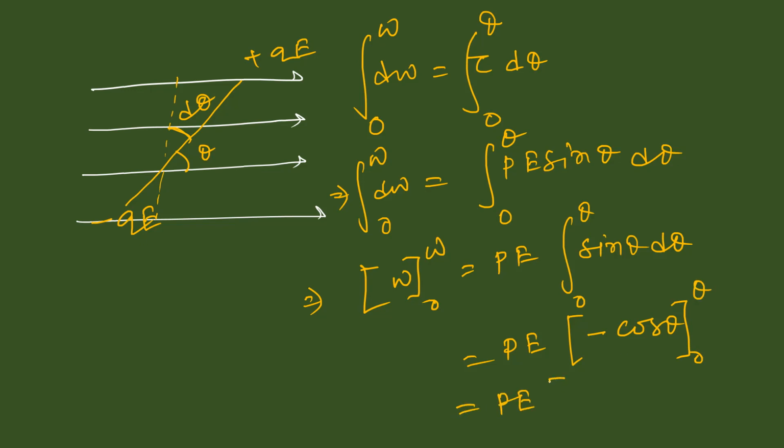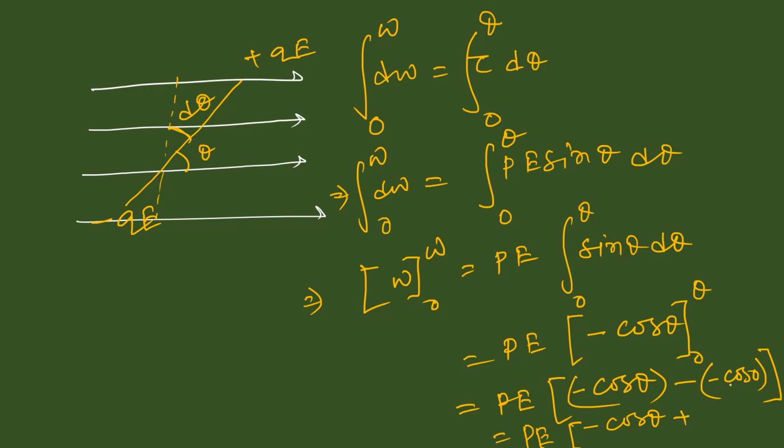So pE, and now the upper limit should be substituted first, so it is minus cos theta, minus the lower limit substituted, which is minus cos 0. So it is pE into minus cos theta, and minus minus plus cos 0, which has the value of 1.